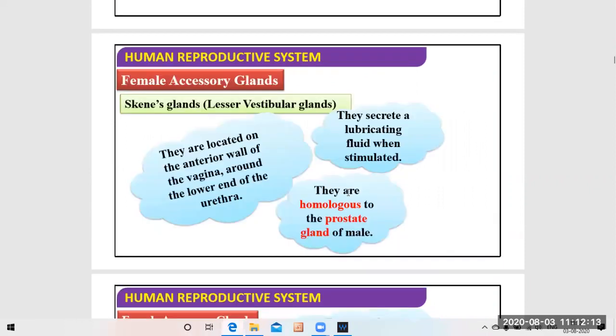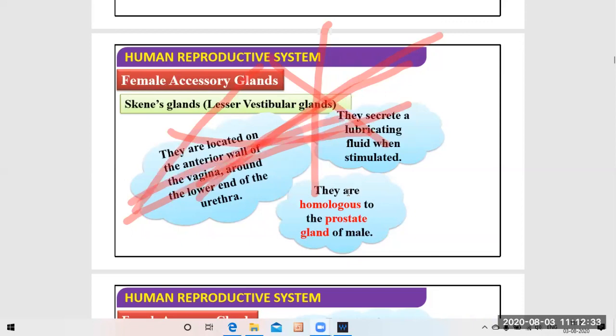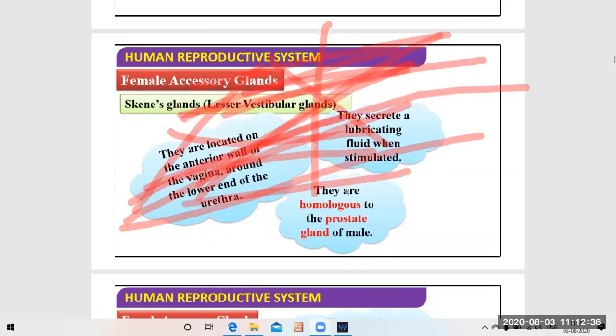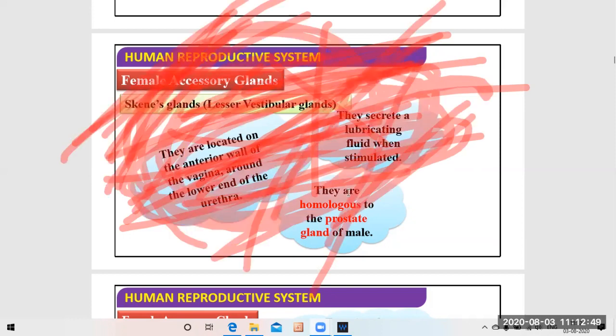The female accessory glands. There is a location on the anterior side of the vaginal wall around the lower end of the urethra.